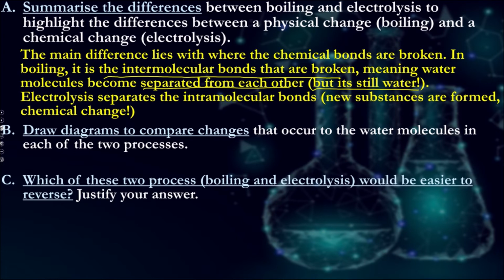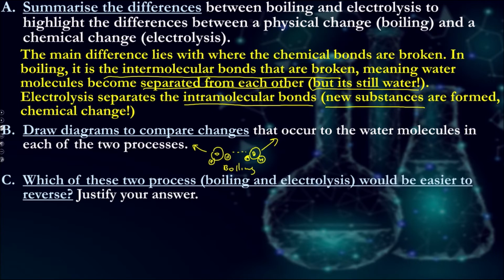In electrolysis, however, we're trying to break the intramolecular bonds. So after this, we're actually producing new substances. If we want to draw diagrams to compare the changes that occur in water molecules in the two processes, essentially, if it is boiling, then you are separating the molecules away from each other.